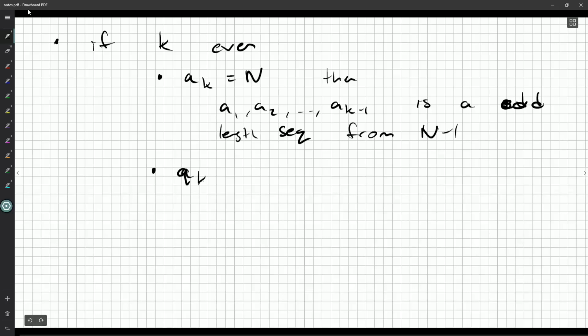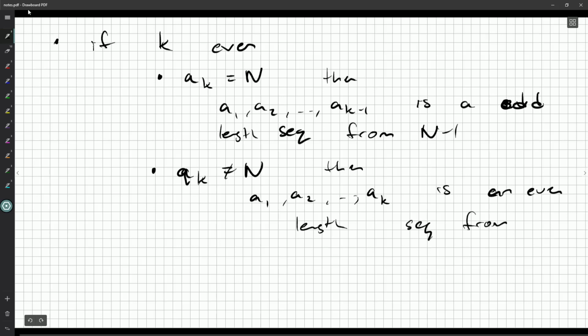If AK is not n, then A1 through A2 through AK is an even length sequence from n minus 1. Because I don't use n, so I must only be using numbers less than capital N.